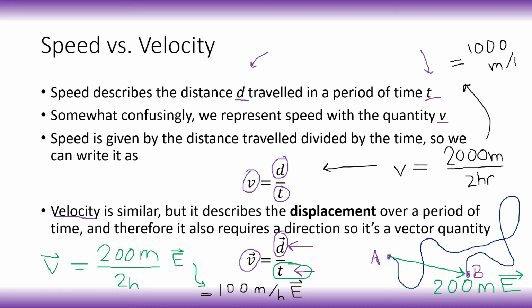You could write hours as H or HR, whatever. So you can see that your speed right here and your velocity down here are not the same. And that's because the speed cares about the distance, but the velocity cares about the displacement.